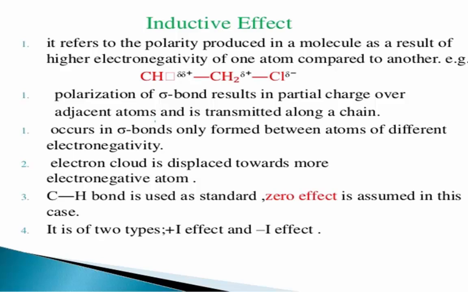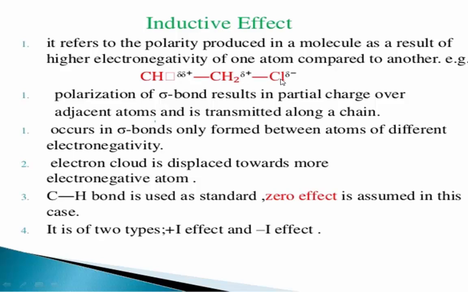If you take an example, methyl chloride or ethyl chloride, then it shows inductive effect. In methyl chloride, chlorine is more electronegative, hence the bond pair of electrons moves towards the chlorine atom. If you consider this example, here CH2, here CH3, another group, is it right?